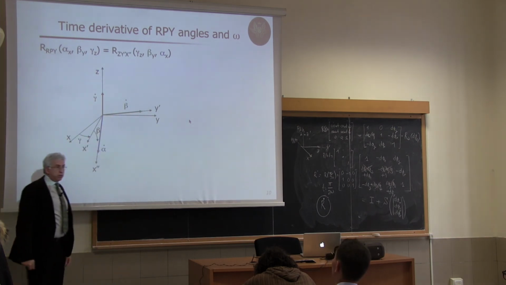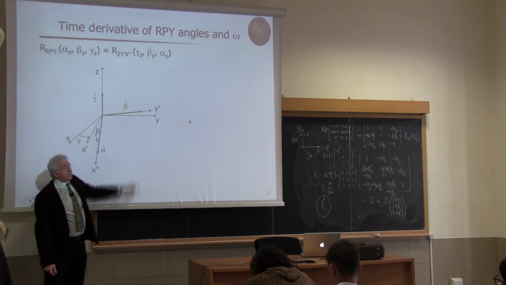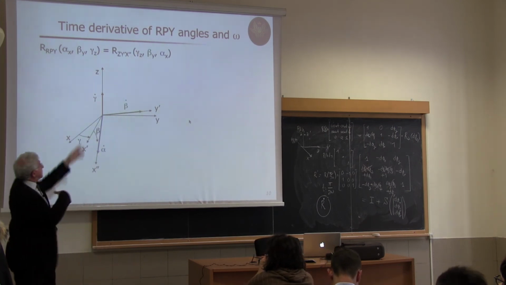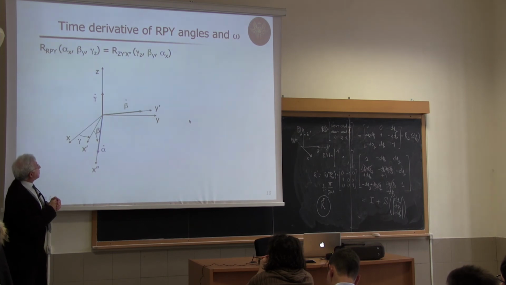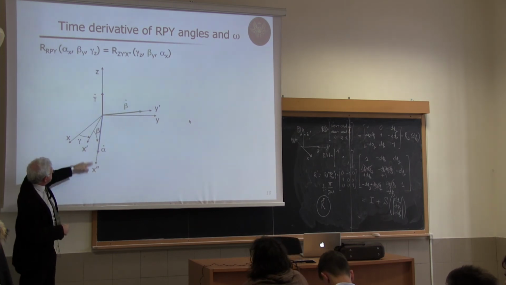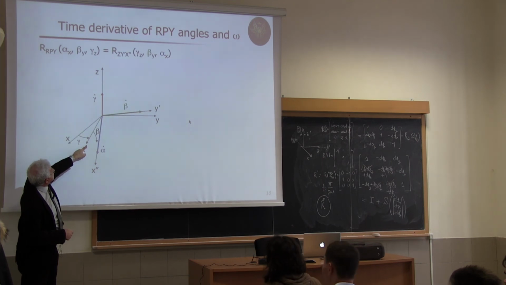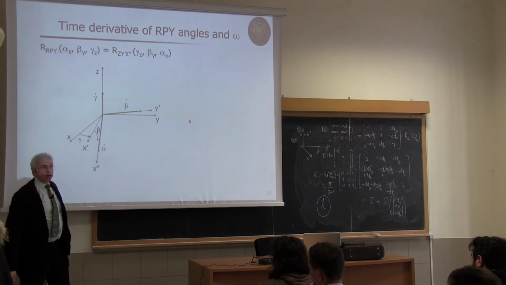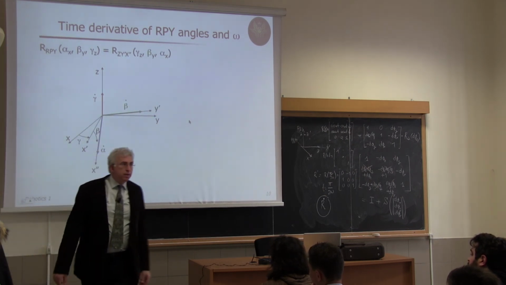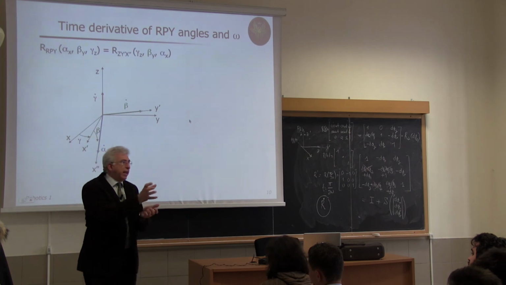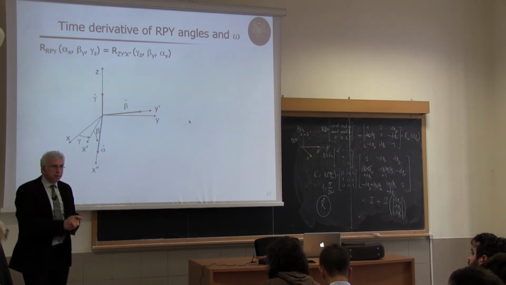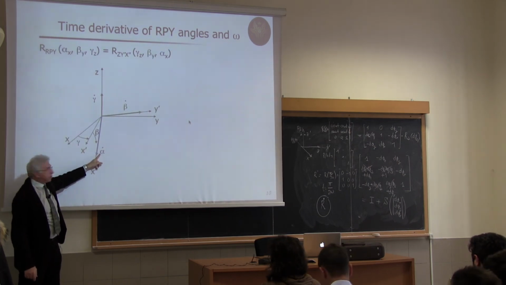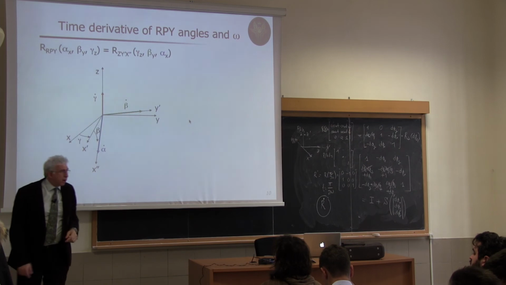So I have a beta dot which is aligned with y prime. And then the last angle, alpha, is around the resulting x-axis. This was after the first rotation, this is after the second rotation. And now I'm giving an angle around this x double prime. And then I'm changing the history of this angle, giving more or less speed. So I will have an angular component of intensity alpha dot, which is aligned with x double prime.